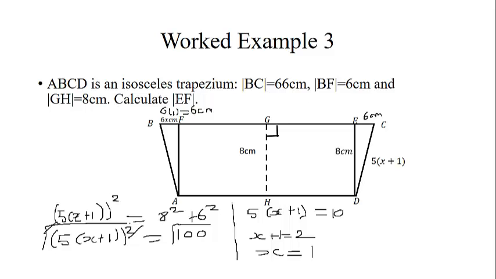Therefore, to get EF, EF will be equal to 66 minus 6 plus 6. So this will be equal to 54 centimeters.